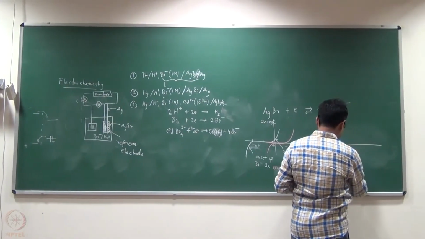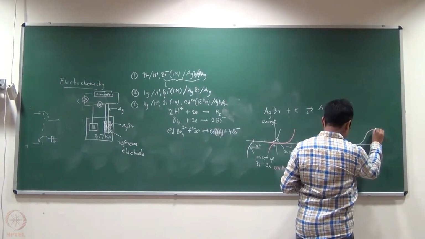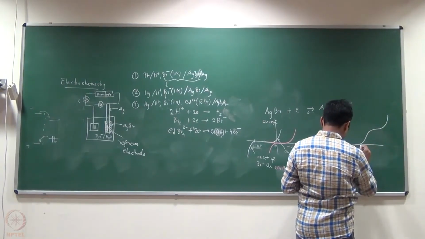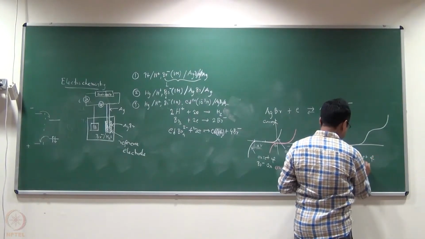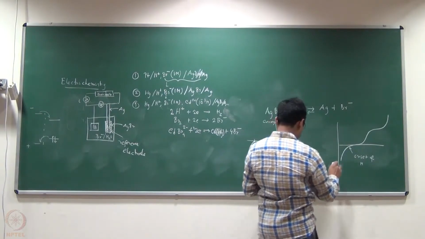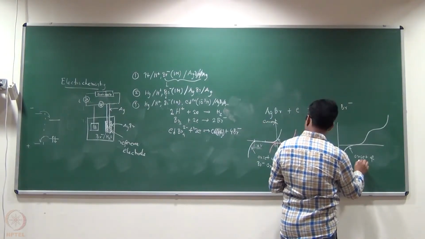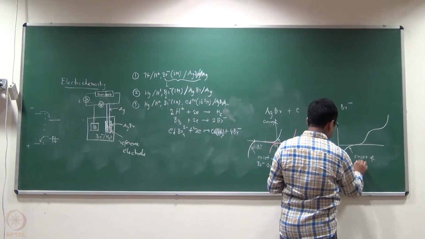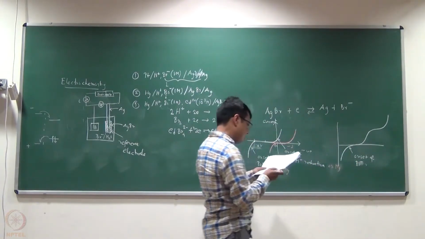It will be something like this, and this is the onset of bromine.